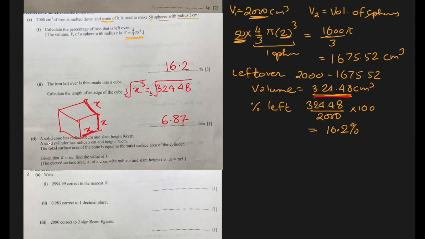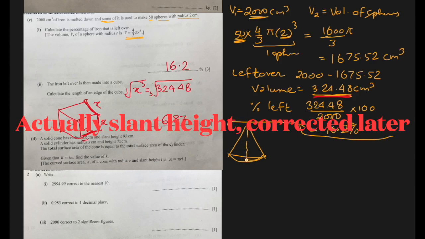Okay, D part. A solid cone has a radius of 3r. This is 3r, okay? And slant height of 9r. So let me draw it here. This is the cone. So slant height is 9r and radius is 3r.